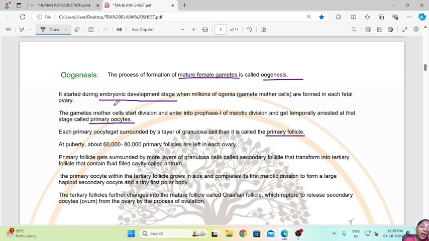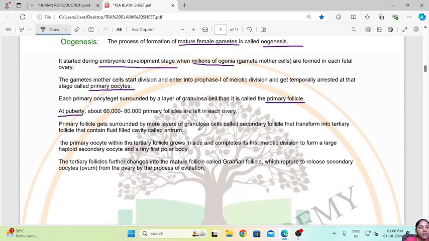So from the embryonic development stage till reaching to the puberty, from these millions of oogonia, a lot of oogonia get disintegrated or destroyed, and at puberty only about 60,000 to 80,000 primary follicles are left in each of the ovary.